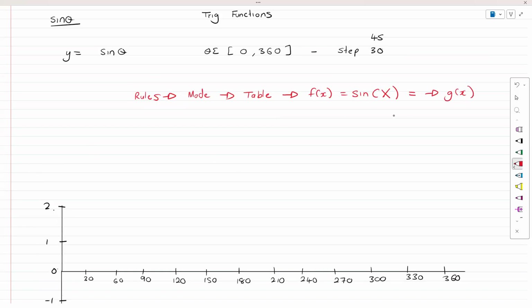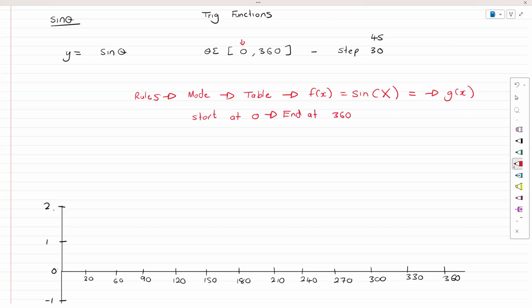The next one is we're going to start at 0 because we're starting at 0. We're going to end at 360.